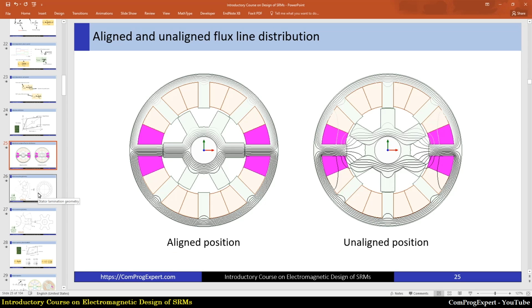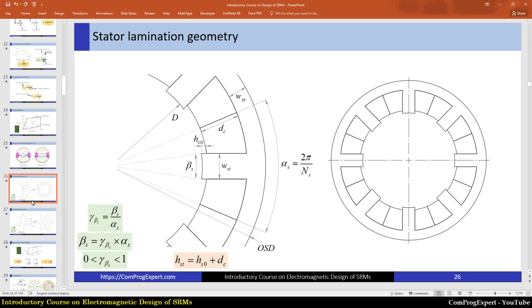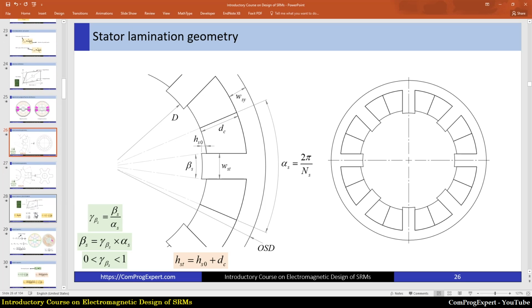So I think it's a good time to pause here. You can review this video and let's continue the design of the stator core and derivation of the output equation of the motor in the next video.